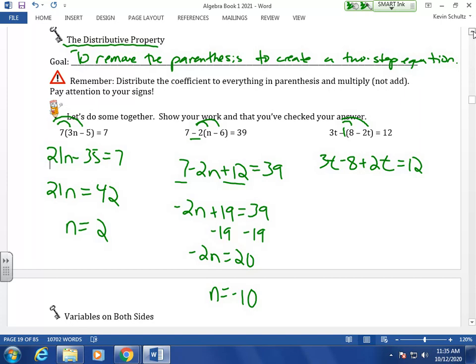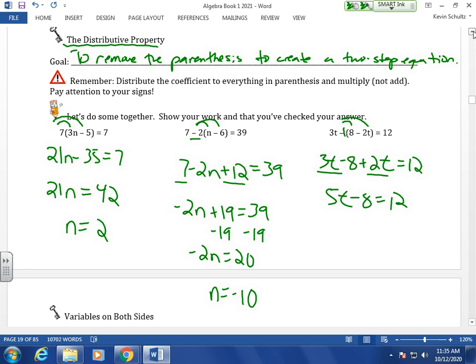So we look for like terms, 3t and 2t, 5t minus 8 equals 12, and we have ourselves a two-step equation.